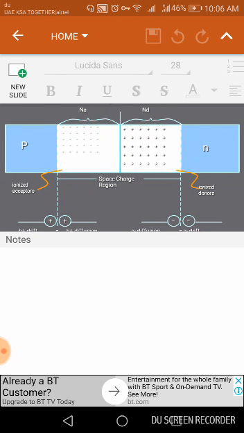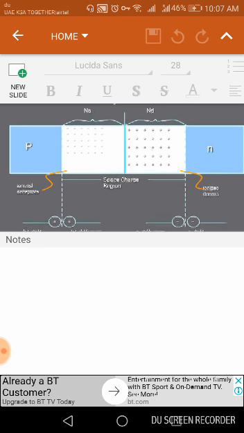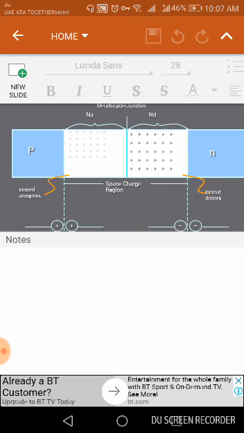These immobile ions form a brick wall between the P and N material, and this region is known as the space charge region or the depletion region, since it is depleted of free charge carriers. Since this depletion region acts as a barrier for the free flow of charge carriers, it is also known as the barrier region.